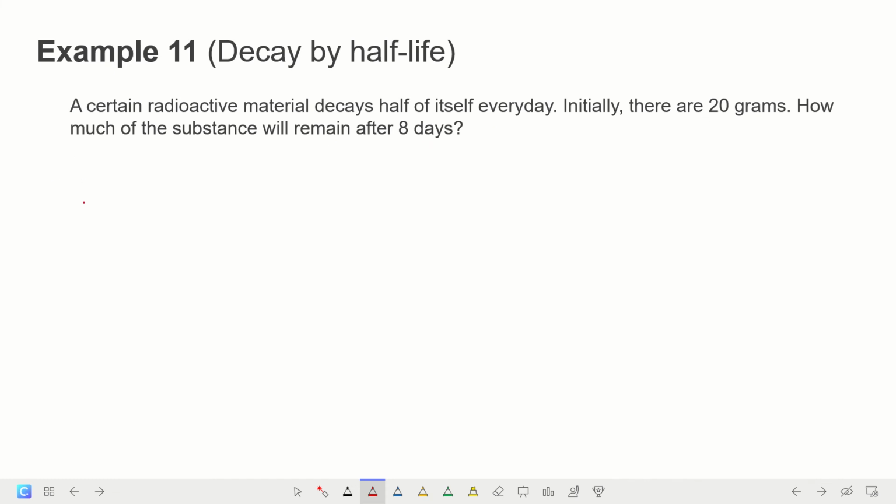So again, the equation we will use is A is equal to A sub O times 1/2 raised to t. Our future amount is unknown.